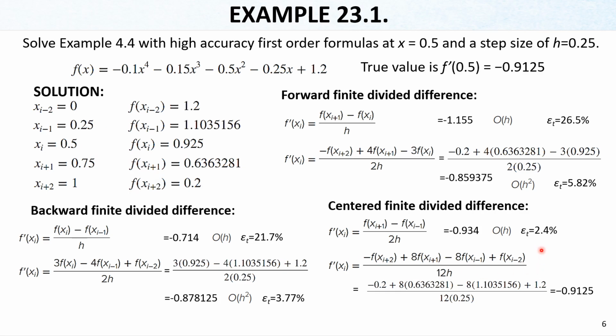Here the error is 2.4% and here the error is 0, and with this we can actually get the exact result easily for this formulation. So the centered finite divided difference is preferred if possible, if we have enough data to be able to calculate this approximation result.